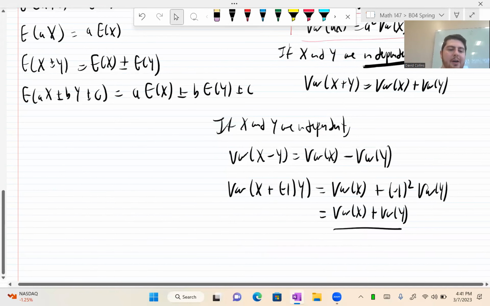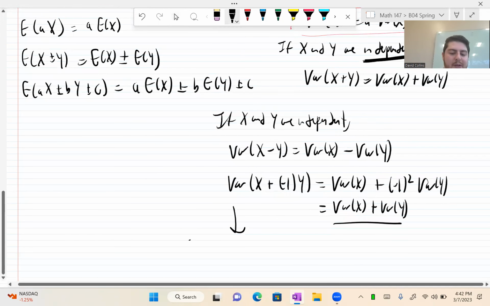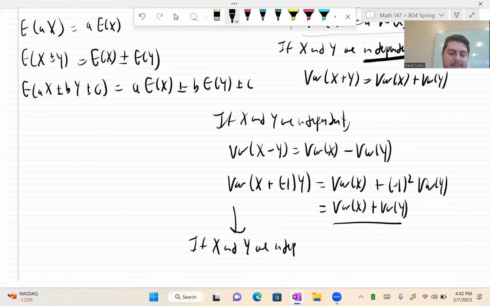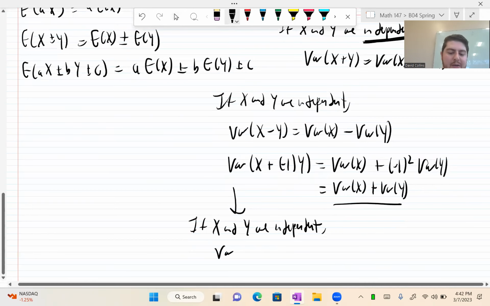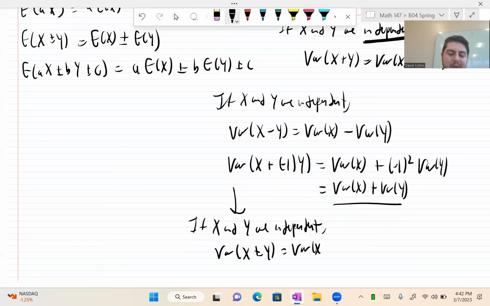So now we can have our final rule. If X and Y are independent, variance of X plus or minus Y equals variance of X plus variance of Y.